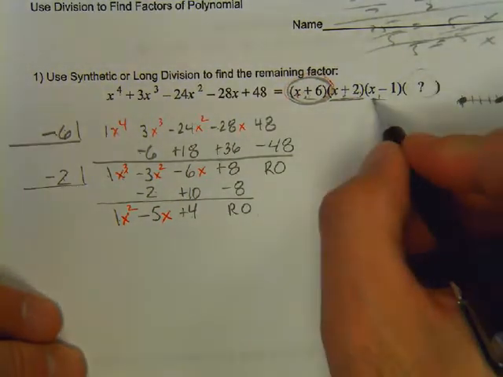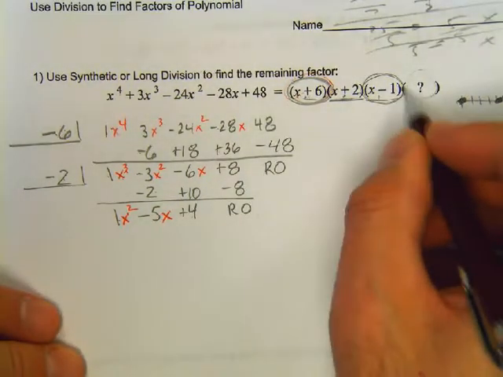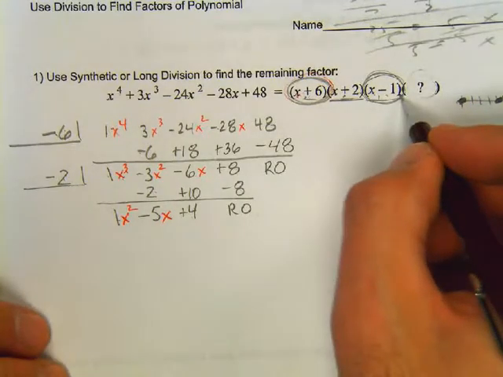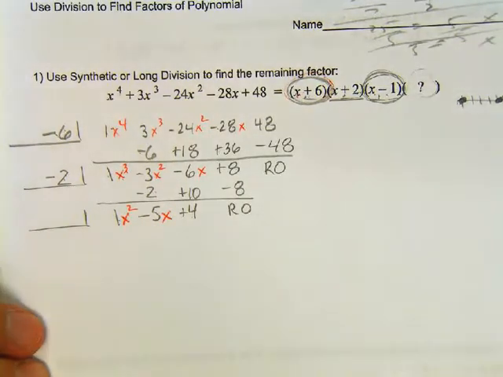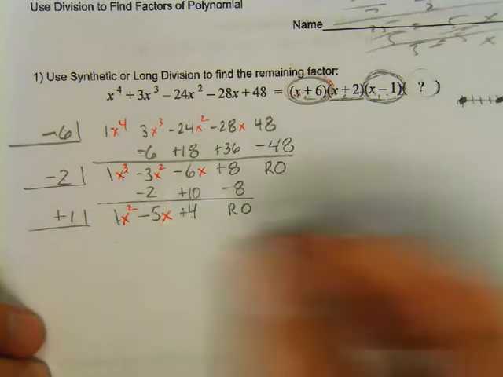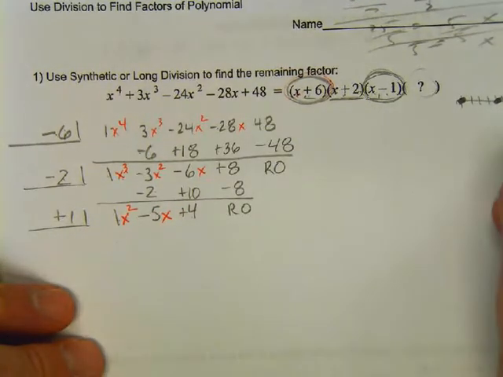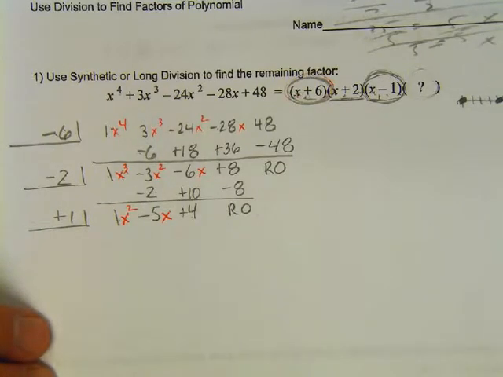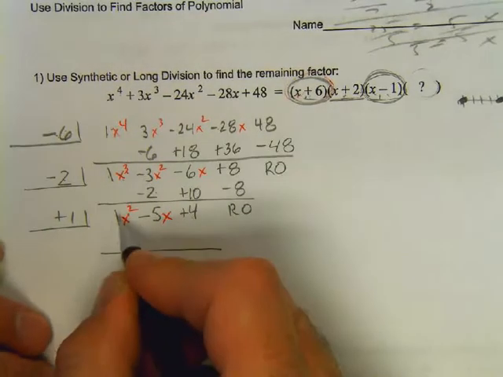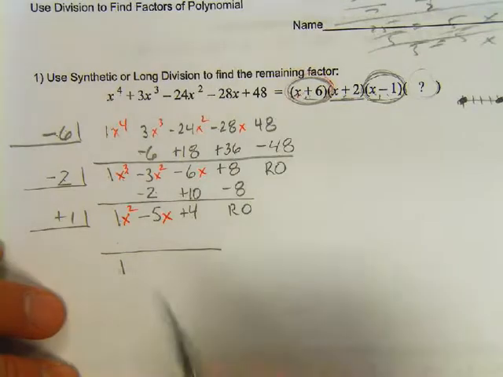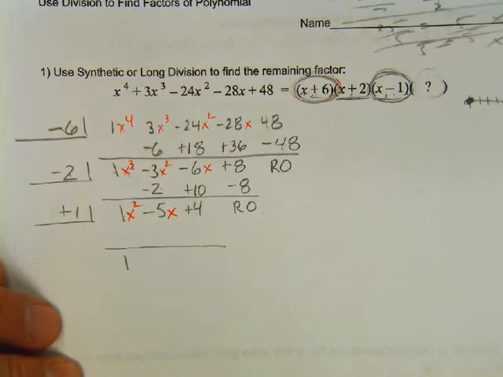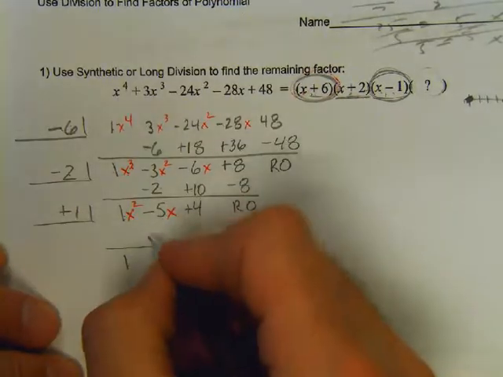And so now we're going to divide by this next linear binomial, x minus 1. What are we going to divide by? Positive 1. And where is the root? 1. Yeah. Okay. So, lead coefficient, drop it down, there's the 1. 1 times 1 is positive 1.